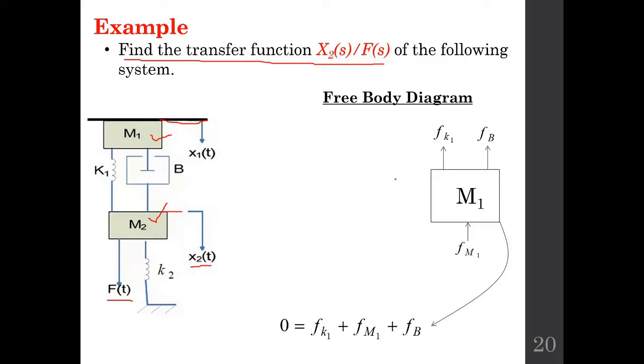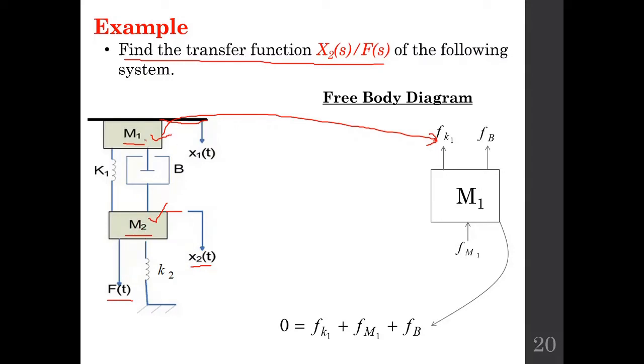Okay, so for M1, the free body diagram will be this. Now, there is no force acting on this M1. This force is acting on M2 only. So we need to be very careful about where the applied force is. The applied force is acting on this body M2 only.